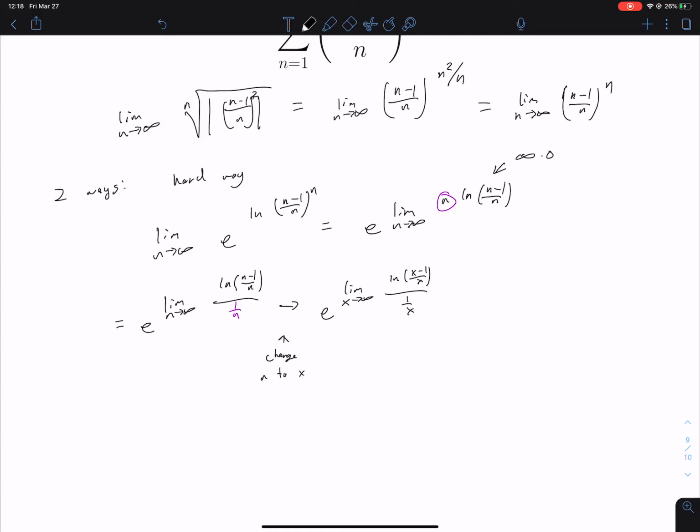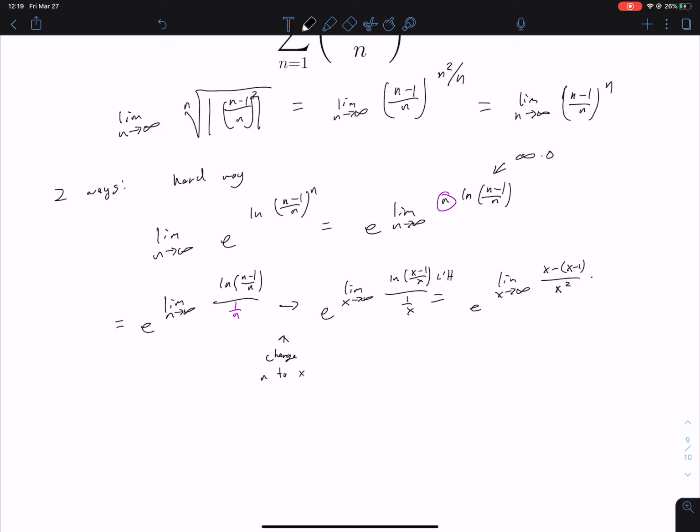Now this is equal by L'Hopital's rule to e to the limit. I was just looking at it and I was like, what's the derivative of n? N doesn't have a derivative, it's an integer. That's not important. Well, it is. Low d high minus high d low over low low. Yeah, I feel good about that.